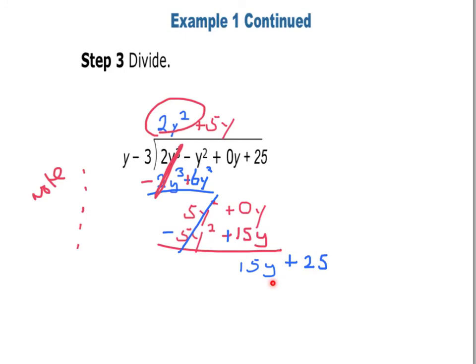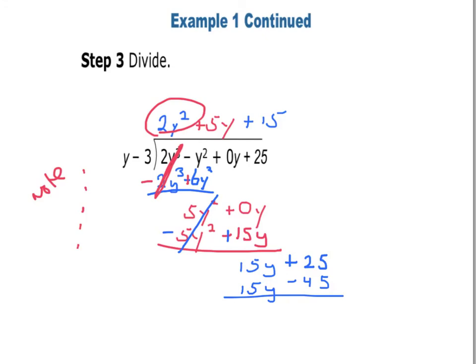Well, plus 15. So we're going to put a plus 15 right there. Now we have to multiply this 15 times this binomial right here. So 15 times y is 15y. And 15 times negative 3 gives you negative 45.